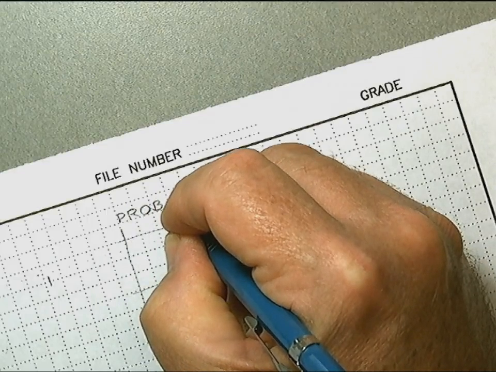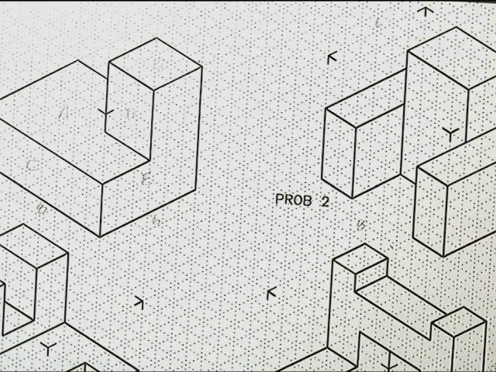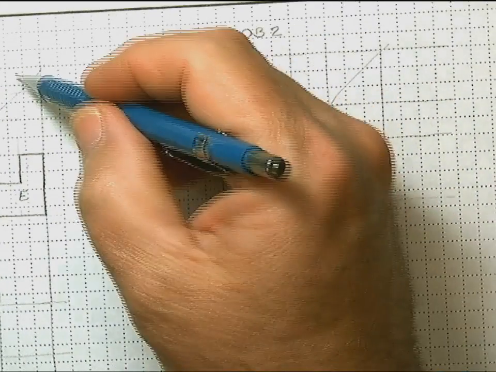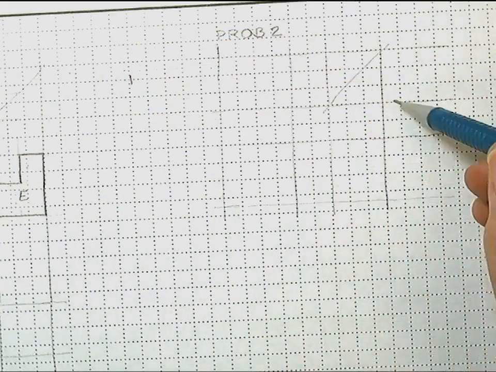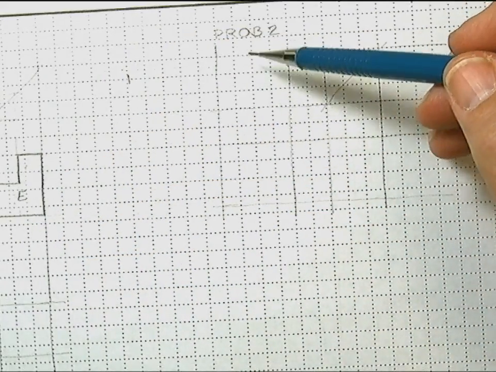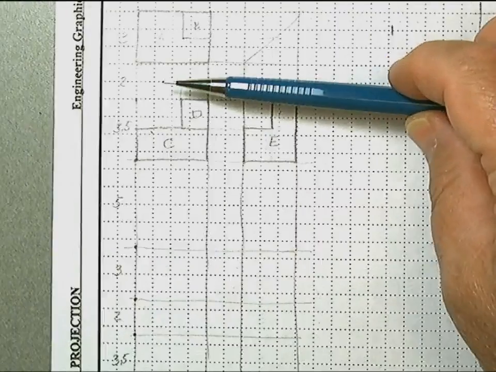So problem 2 will be on the right hand side, just as it is on the sheet A1. You'll simply transfer over your height dimensions. So you only have to lay out the height dimensions one time on the left hand side.